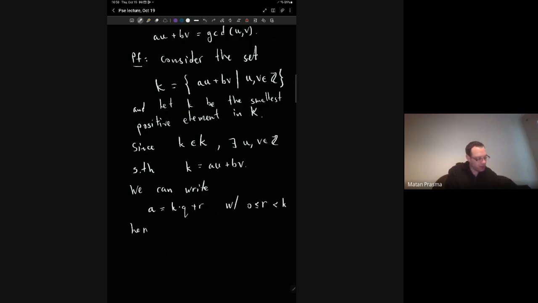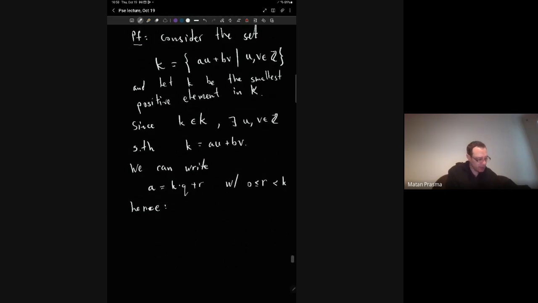And if I can write this, I can plug it in. So I get R is equal to A minus Qk, which is A minus Q times (AU plus BV), which is A(1 minus QU) plus B(minus QV).